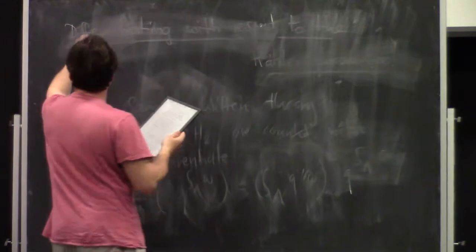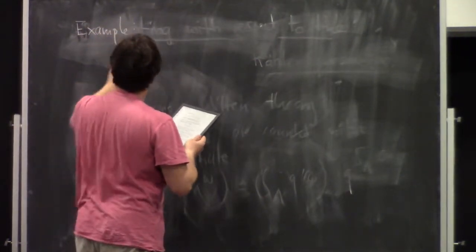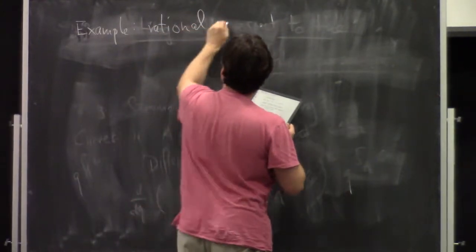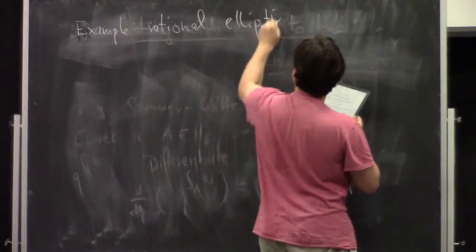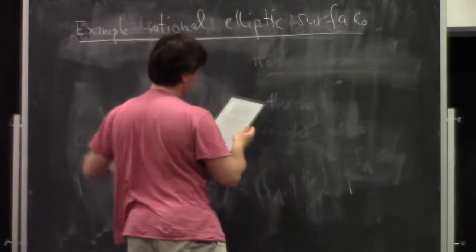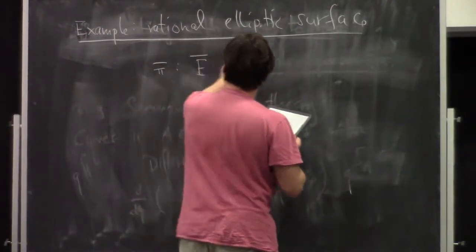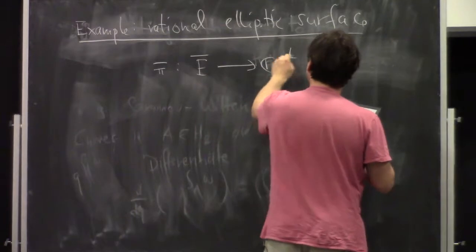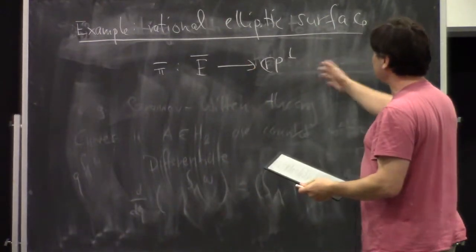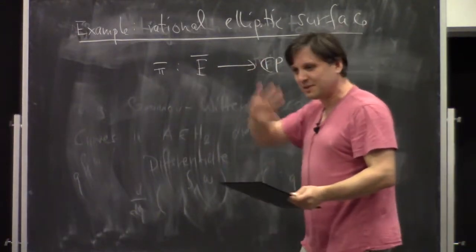And the example that I was working on is the example of a rational elliptic surface. Okay, so we have a rational elliptic surface over CP1. I really want to think of it as CP2 blown up at 9 points and as having the simplest possible singularities, but it doesn't really matter.